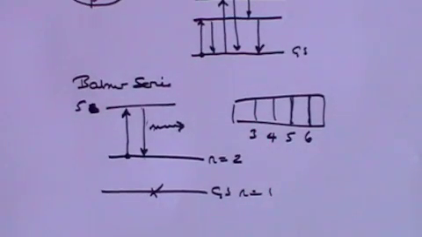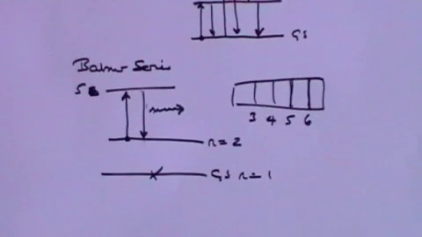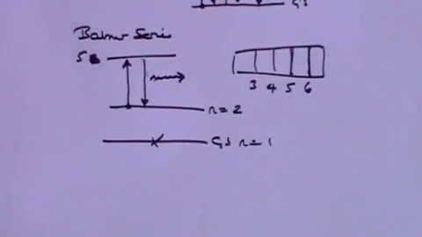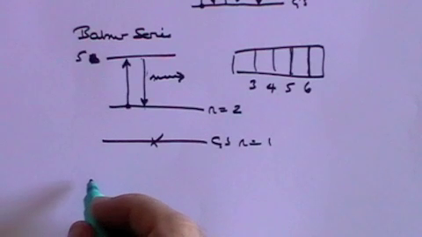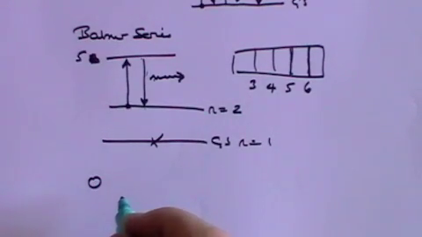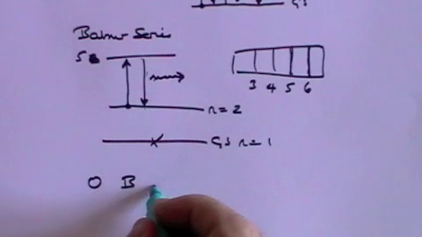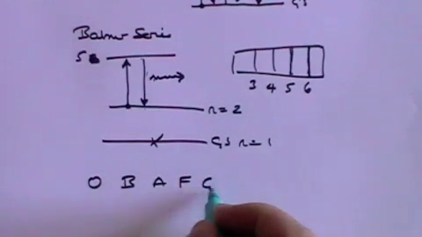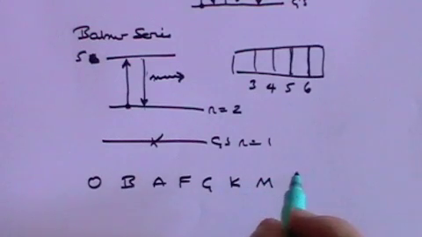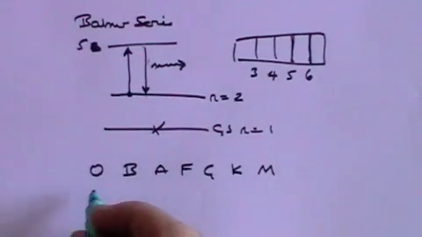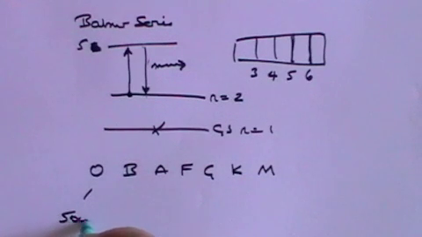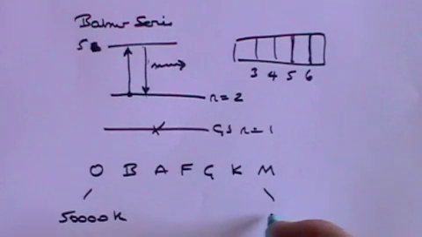And as a consequence of observing spectral lines and their relative intensity, which gives us the measure of the temperatures of the star, the stars have been classified into the following categories, starting with the very hottest: O, B, A, F, G, K, M, where O has a surface temperature of about 50,000 degrees Kelvin and M has a surface temperature of about 3,000 Kelvin.